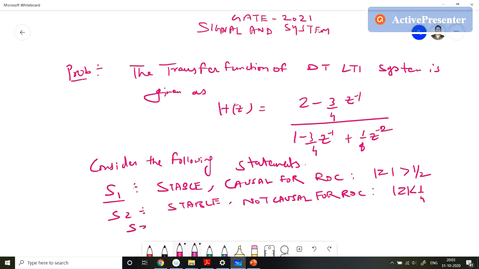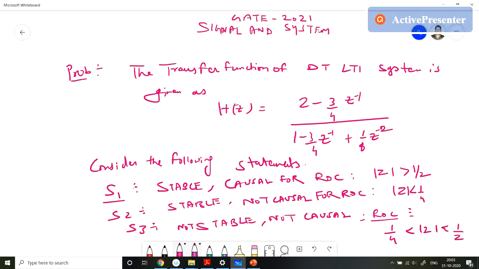And third, the system is not causal and not stable, and the ROC is 1/4 less than modulus of z less than 1/2.